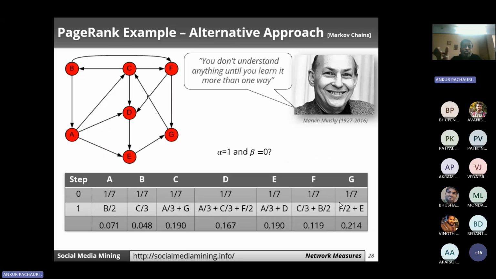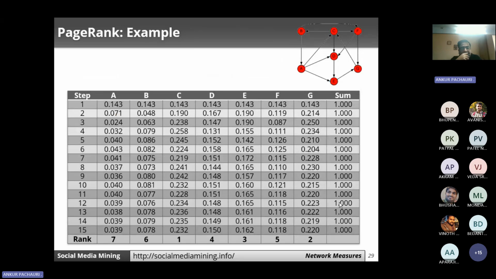So someone came up with the idea of updating PageRank in an iterative way. They suggested a method called the power method, and with it they calculate PageRank.